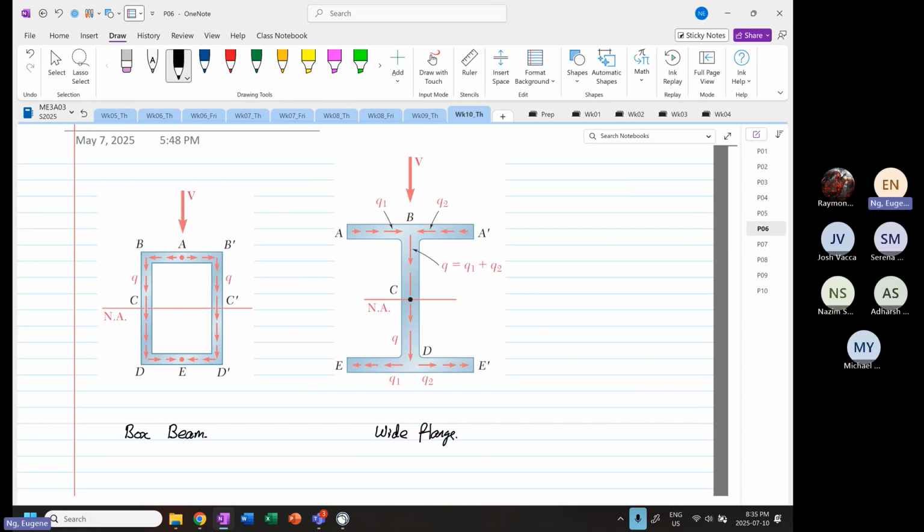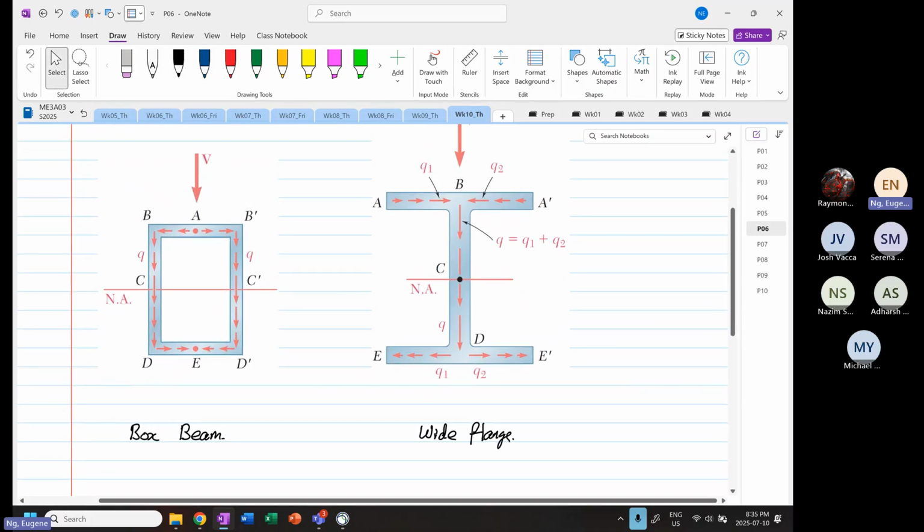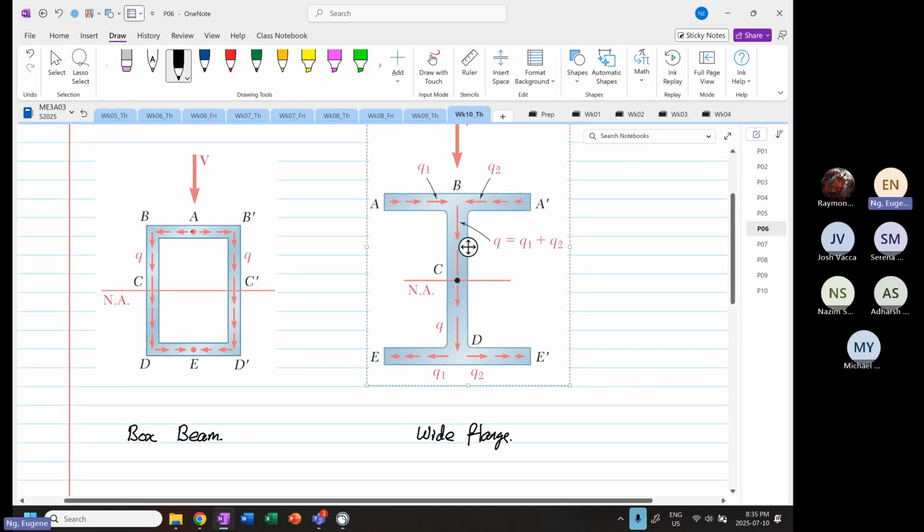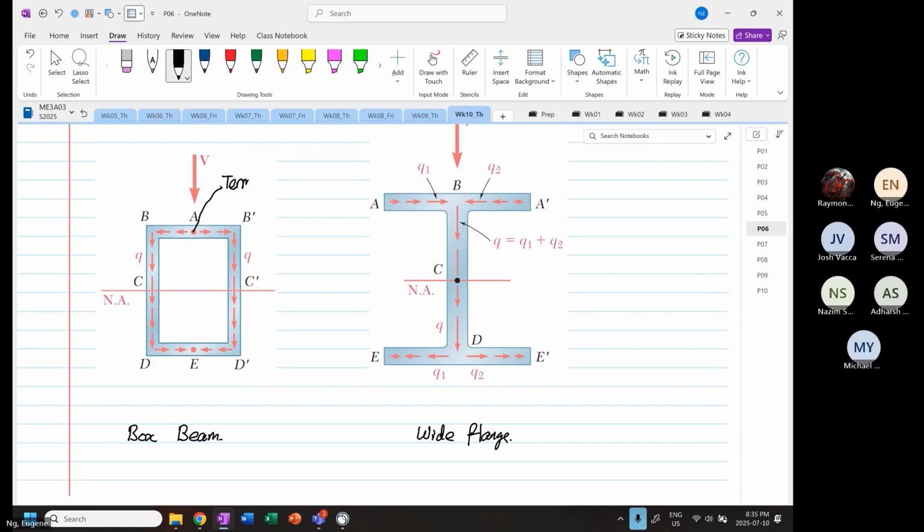So there are a few things that I'm going to introduce to you. These dots over here are known as terminals. Over here is our terminal number 2. That's for the box beam.